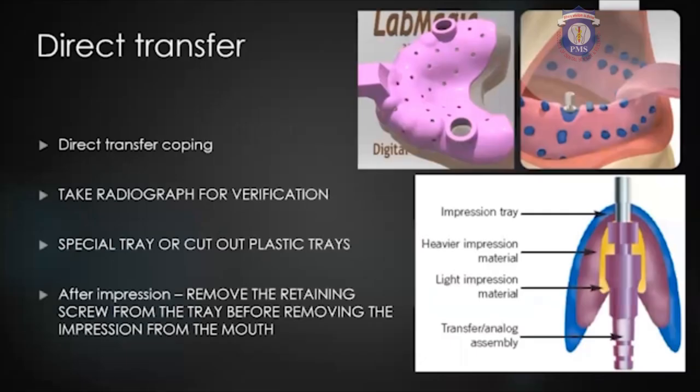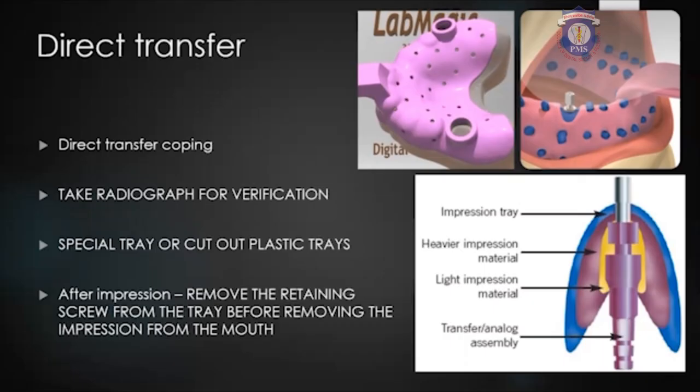As already discussed, we will place the open tray coping in the patient's mouth, attach it to the implant, and then verify using an X-ray. If the seating is good, we will use a cut impression tray.